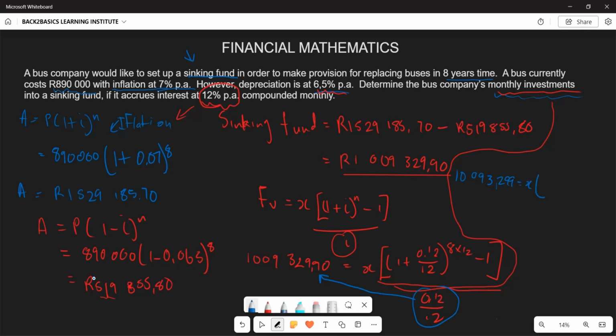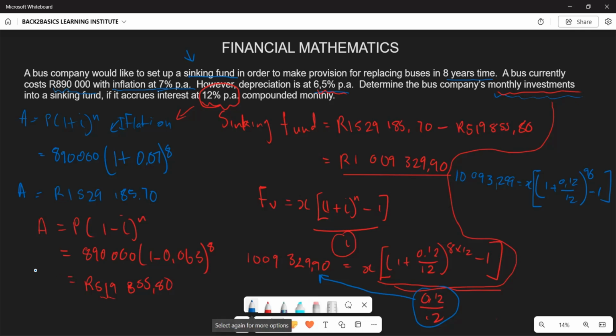and then what we can do, basically, we can still continue with this, which is 1 plus your 0.12 over 12. Then this is 96 now, because when you say 8 multiplied by 12, it is going to give you 96. Subtract your 1, right? Let's write this line here, and now let's continue. What is it then that we can do?